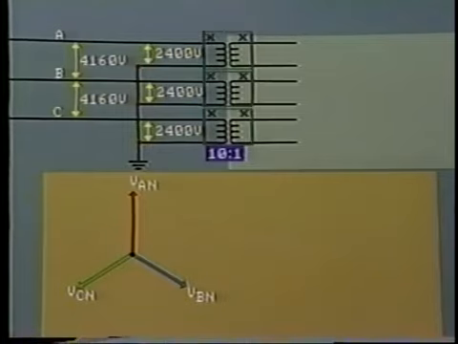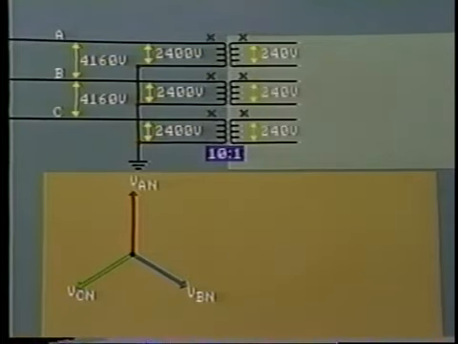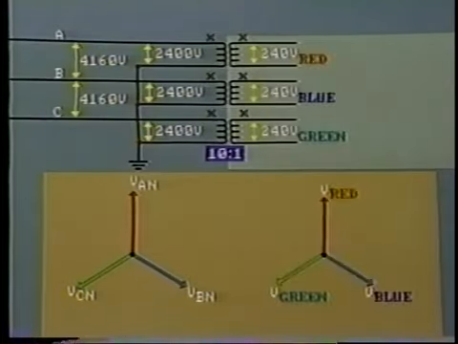Now remember, there are three separate transformers, each of 10-to-1 ratio. The voltage induced in each secondary, 240 volts, will be in phase with its respective primary. In certain cases, they may be 180 degrees out of phase, but for simplicity, we will consider the secondary voltages in phase.